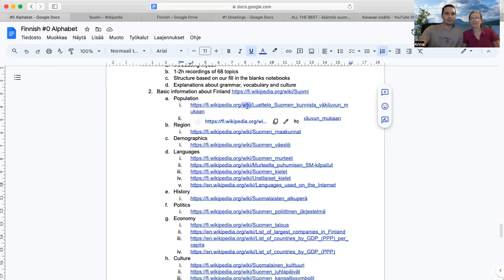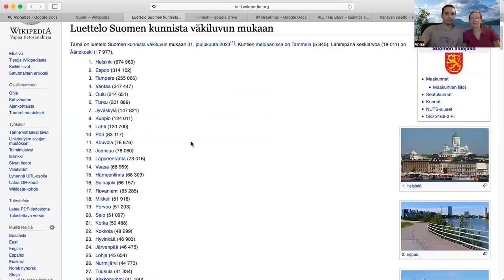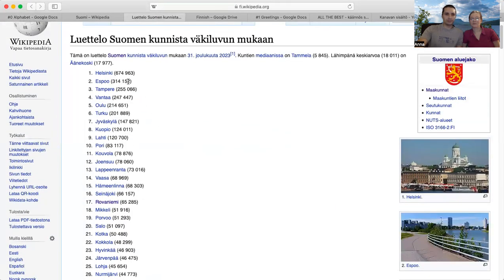Let me show a list of the Finnish cities, like the top 5: Helsinki, Espoo, Tampere, Vantaa, Oulu. But I would say Helsinki, Espoo, Vantaa are so close to each other, so we call it the capital city region, pääkaupunkiseutu.